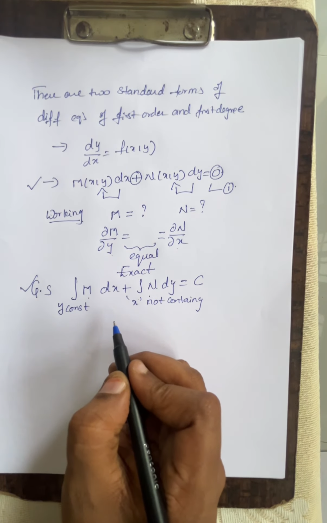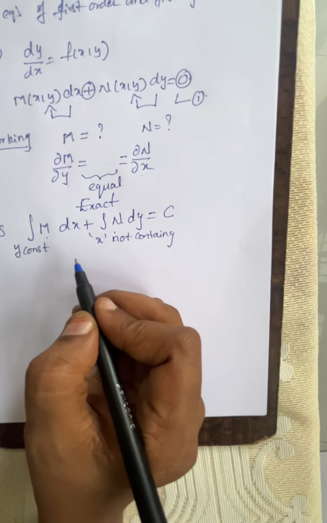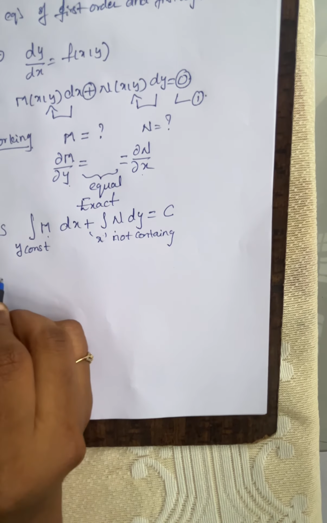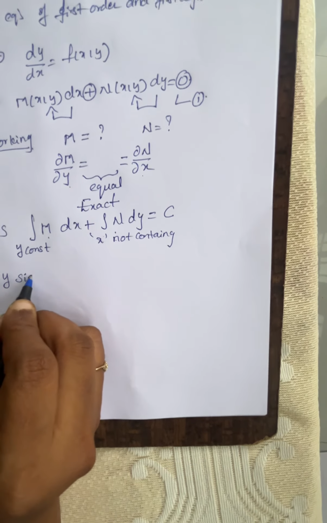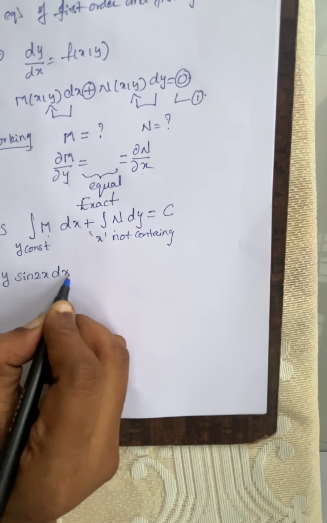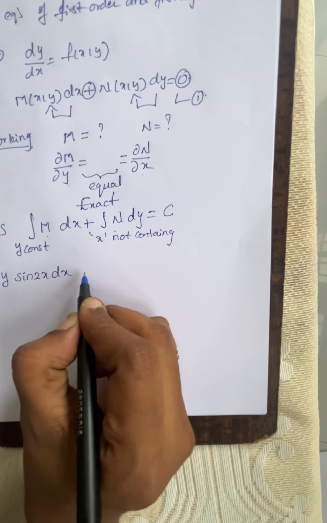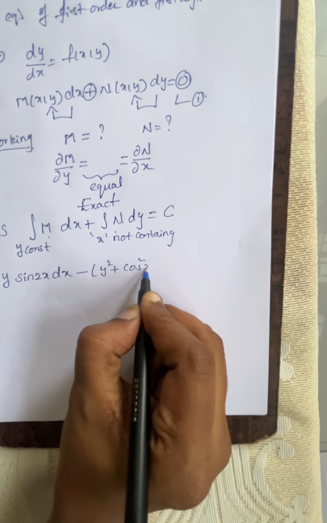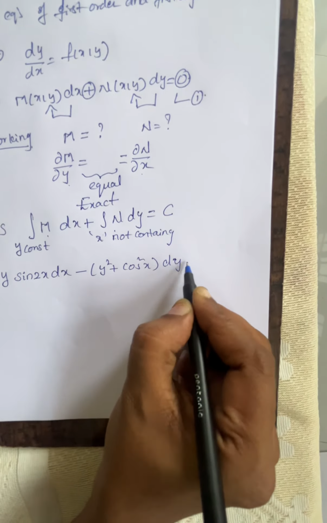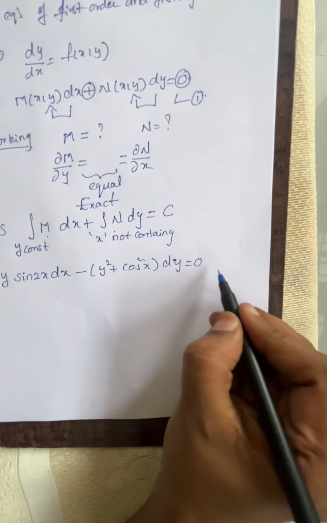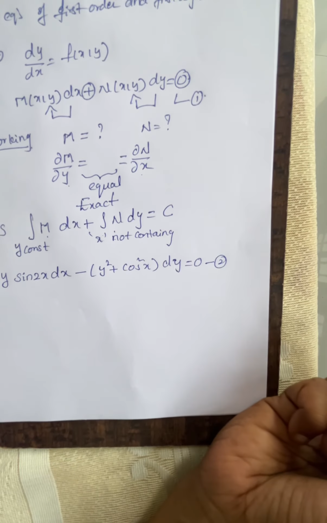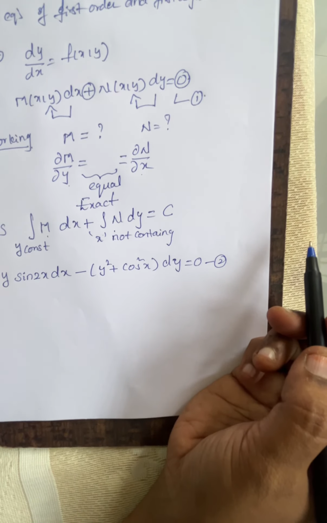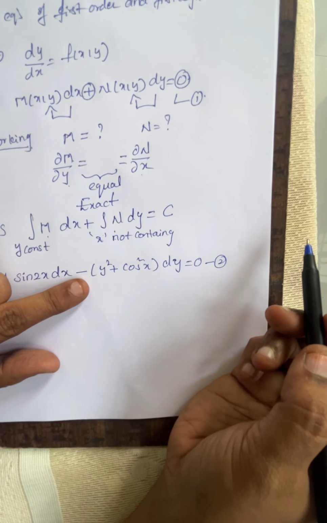Before going to solve, here I am taking one example of the same method I explained now. Here I am considering one equation: y into sine 2x dx minus y square plus cos square x dy equal to 0. This is the given question, equation number 2. We'll compare equation 1 and 2. If you check the question, the middle sign is minus.